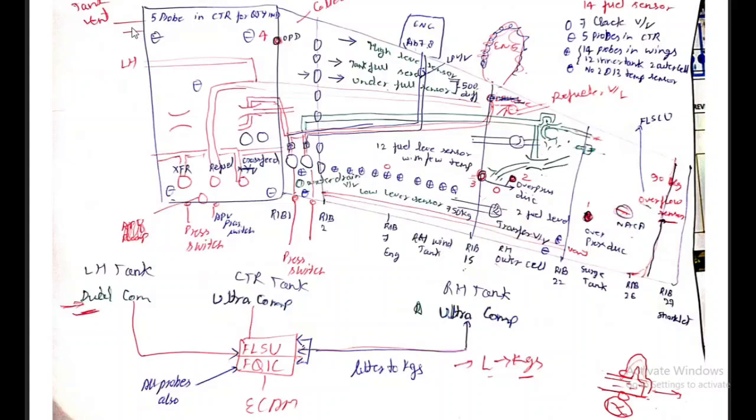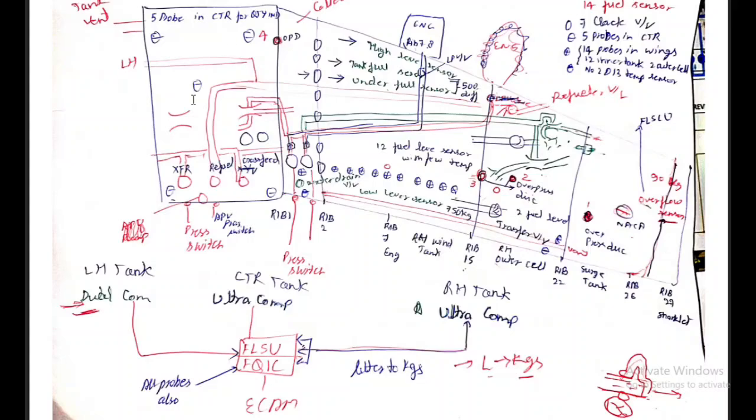The center tank vent is always on the left wing side. If you see on the left wing near the NACA area, there is a placard. Always take precaution: there is a chance of hypoxia, because you are removing the nitrogen-enriched, low-oxygen air from the center tank. Because of the inert gas system concept and the center tank venting system, and because the inert gas generation system is also there, there will be nitrogen inside the center tank.